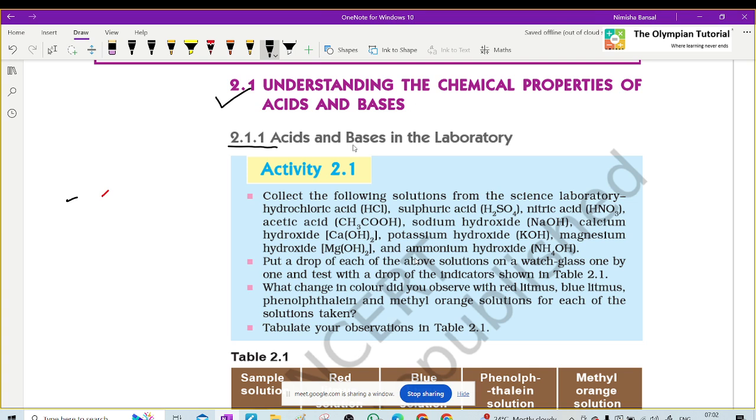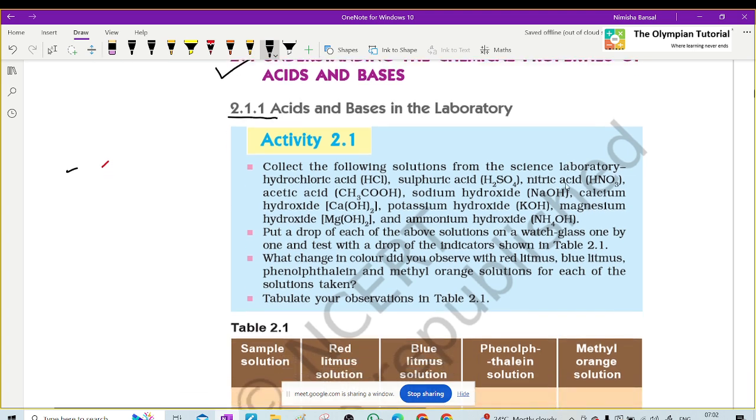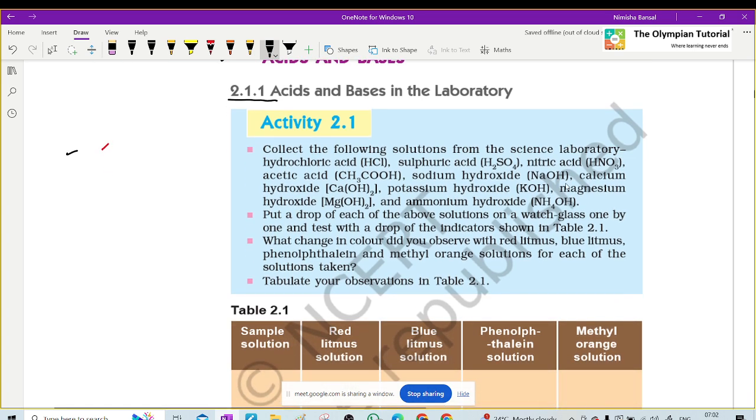Okay. Very good. Now, Tanya, study this activity, activity 2.1, very carefully. Collect the following solutions from the science laboratory: hydrochloric acid, sulfuric acid, nitric acid, acetic acid, sodium hydroxide, calcium hydroxide, potassium hydroxide, magnesium hydroxide, and ammonium hydroxide.